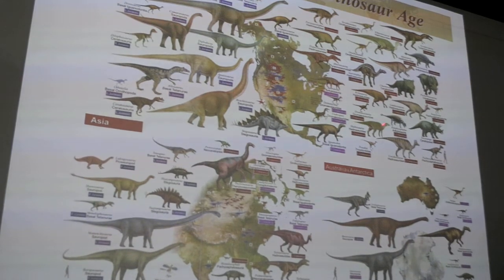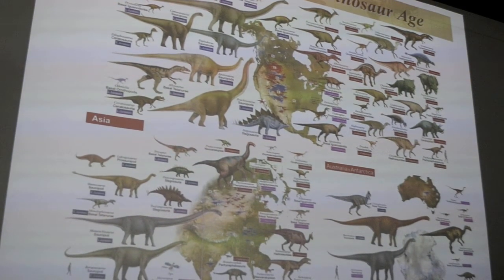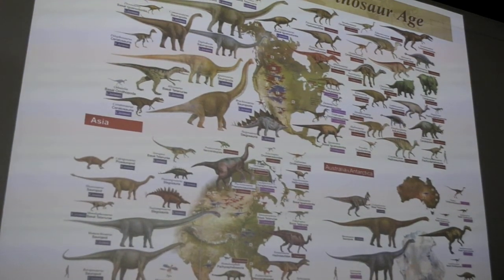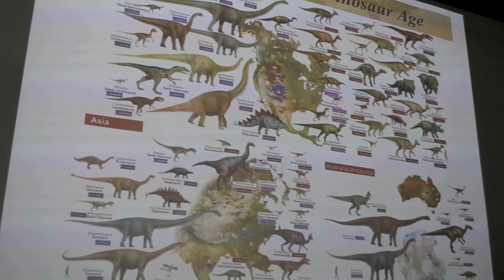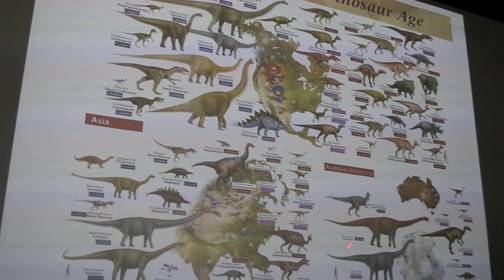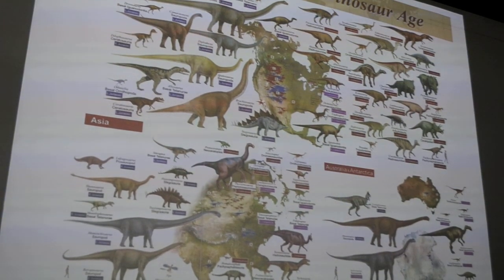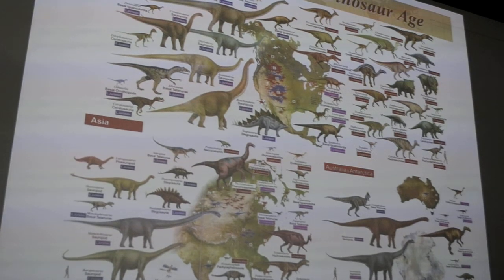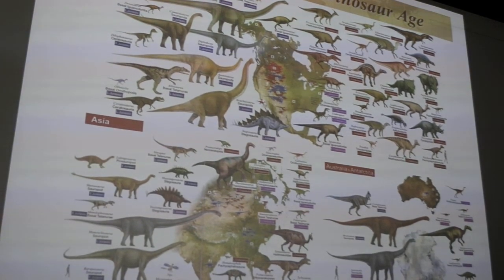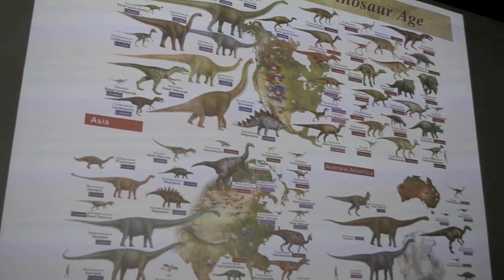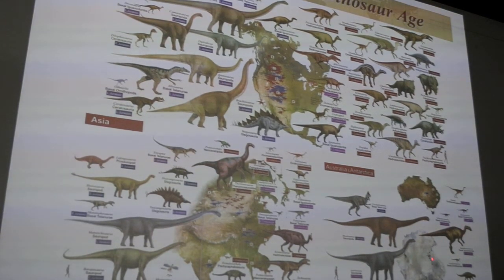And here you see just a few examples of the dinosaurs discovered around the world. You can see there are many dinosaur fossils from North America, but Asia, including Mongolia, is the second largest region in the world which has discovered many dinosaurs. And dinosaurs were also found on the Antarctic continent.